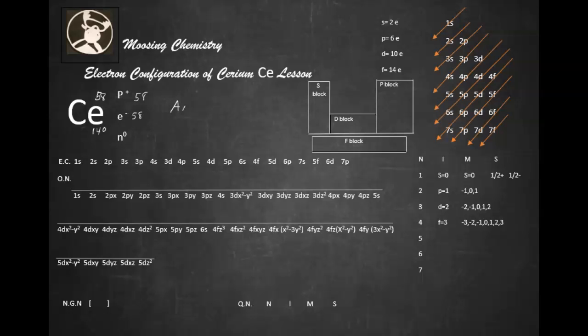AMU minus the number of protons equals the number of neutrons. 140 minus 58 gives me 82 neutrons. So we need 82 neutrons to do the job.